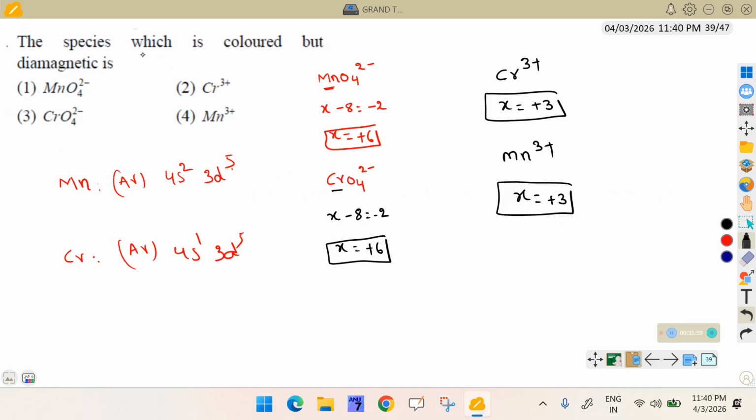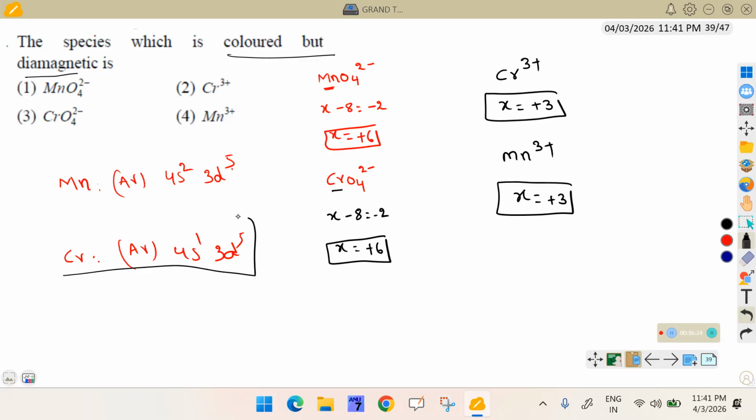The species which is colored but diamagnetic. Which of the following species are colored but diamagnetic? Identify. Here, CrO4 2 minus, chromium oxidation state is plus 6.